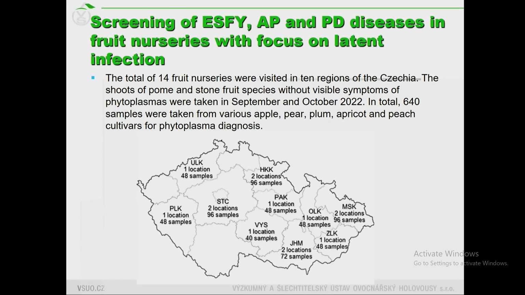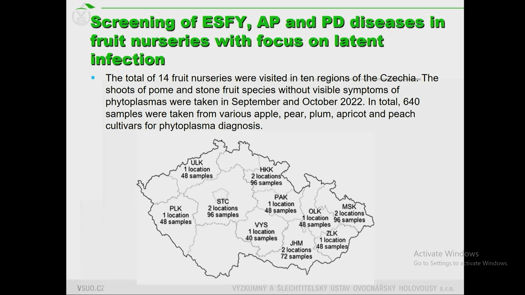And here is the representation of our collecting mission. So you can see that we visited the whole area of the Czech Republic. I guess that the representation is plus minus 75% of nursery production of fruit tree species in the Czech Republic. And there is also a number of samples which were taken in each area, and the number of locations which were visited.